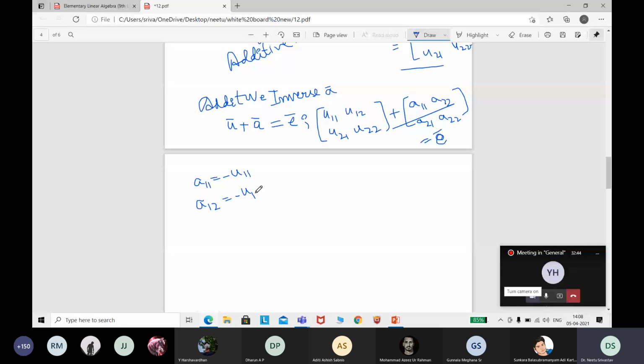Correct now? Yes, ma'am. So like that you can find out. So these are all my entries which is actually the element for the additive inverse. A22 is equal to minus U22.